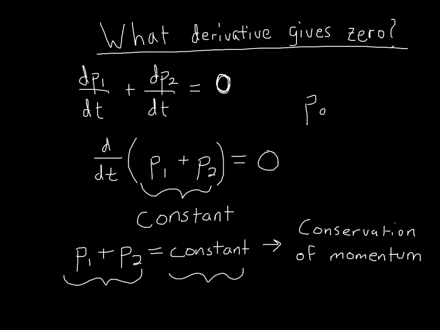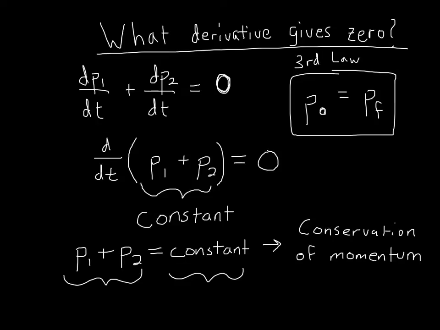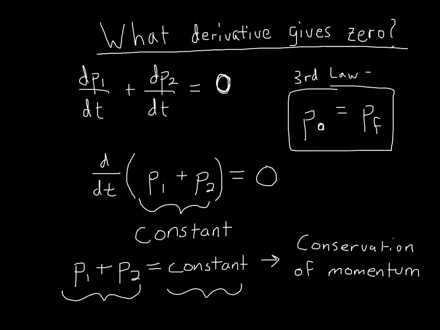P initially is going to be equal to P final. And this conservation of momentum, remember, came from Newton's third law of motion. And to get some practice with how to solve these types of problems, take a look at problem-solving techniques on page 310 in your book.